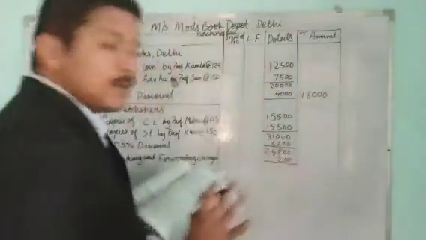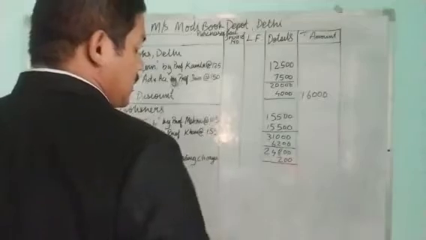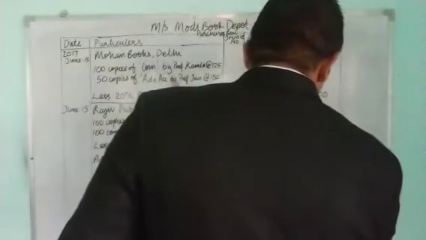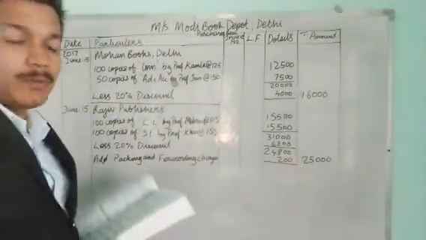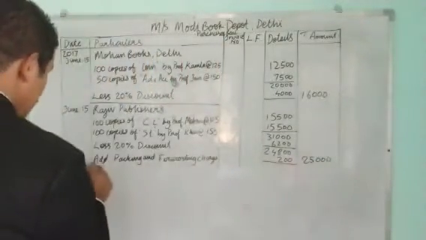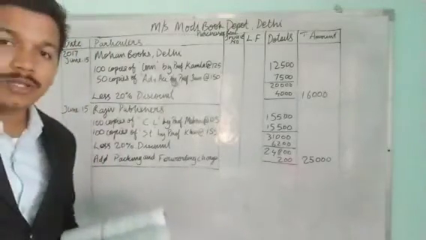So all that transaction is over, the final amount is there, so we have to add this one. 24,800 is there and 200 is there, packing charges, so the total amount will be 25,000. So the final amount will be written on this one, and we will be closing this one also, in order to show that this account is over.